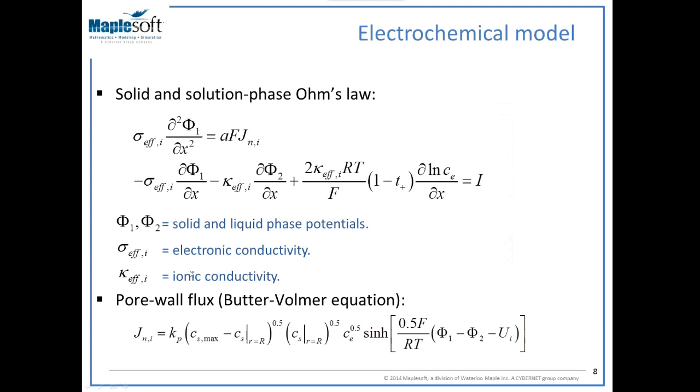And all of these variables are related by an algebraic expression which is called the Butler-Volmer equation. This is an exponential function which is described by the parameter k, which is a chemical reaction rate, the concentration of lithium ion on the surface, and the other variables that are coming from the other partial differential equations as well.